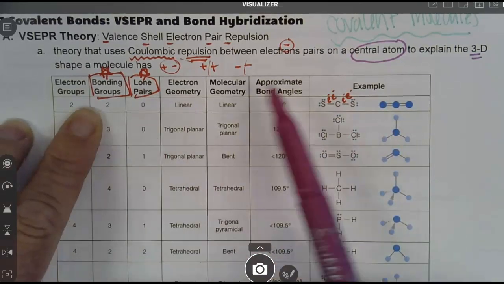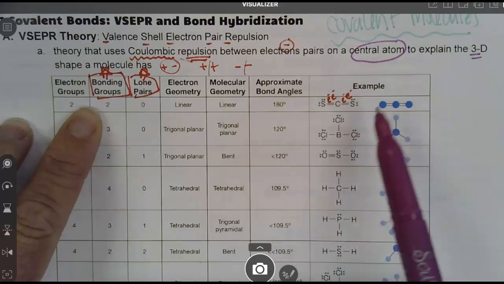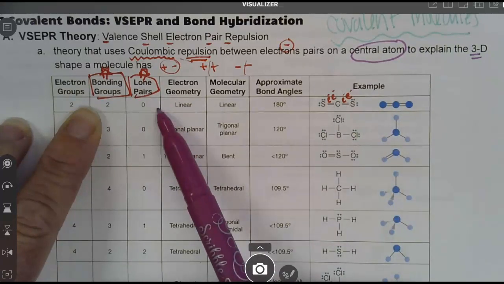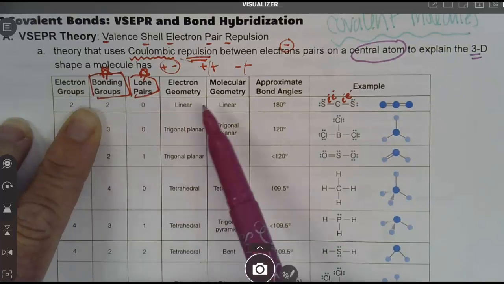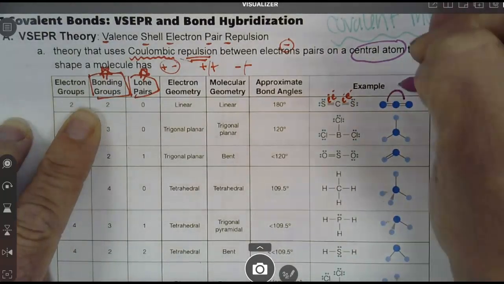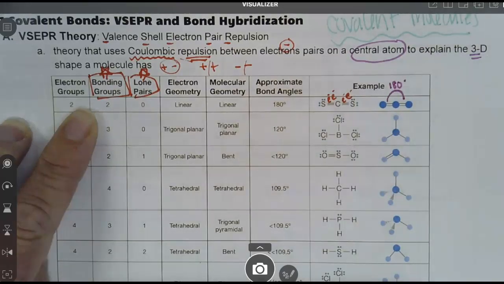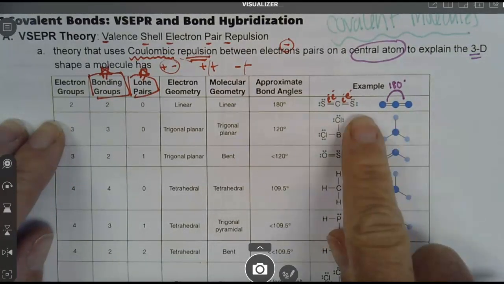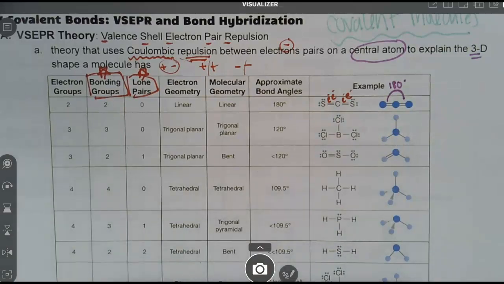And the next question is how many lone pairs are around this carbon? And this carbon has 0 lone pairs around it. So if those 2 things are true, this is going to be a linear molecule. And the distance between my 2 different bonds are going to be 180 degrees. Because they're going to be as far away from each other as possible, right? And that is a straight line, or 180 degrees.